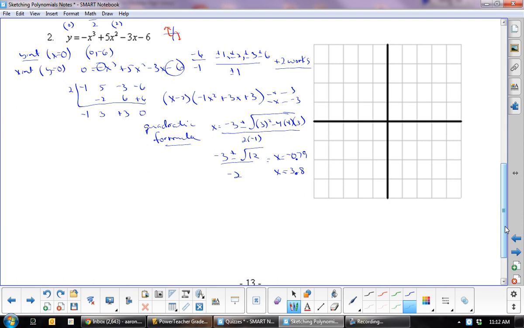Okay, so let's do this. This is even a good thing to put a square around or a rectangle. And we've got 2, -0.79, and 3.8. If it was me, I'd make sure everything that I put in a box gets on my graph, or I'm probably going to draw the wrong graph.